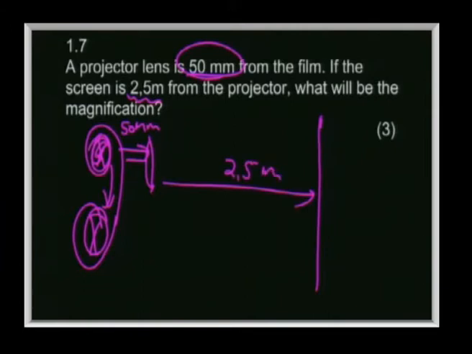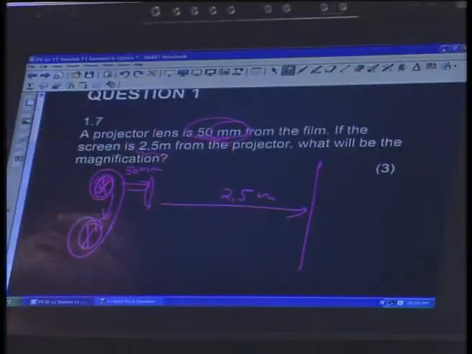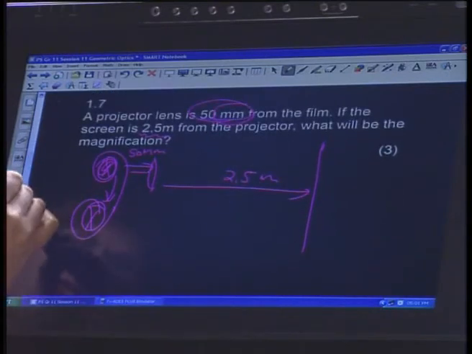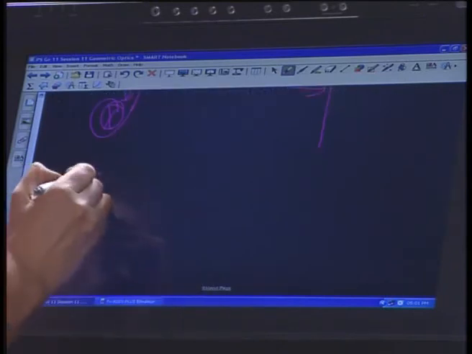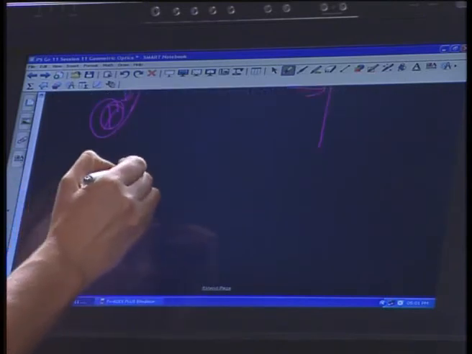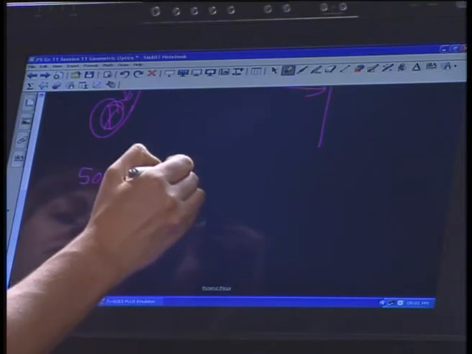Now remember, if you want to work with magnification, everything has to be in the same unit. So it was going to be easier for us to convert millimeters into meters. So let's do our conversion first, and then we'll look at our magnification. To get millimeters into meters, I need to divide it by 1,000.